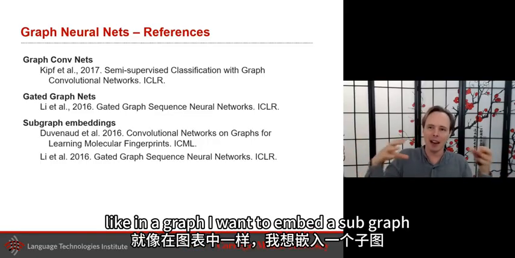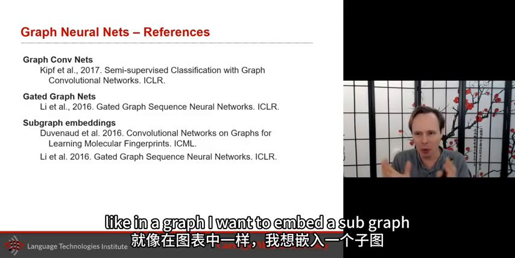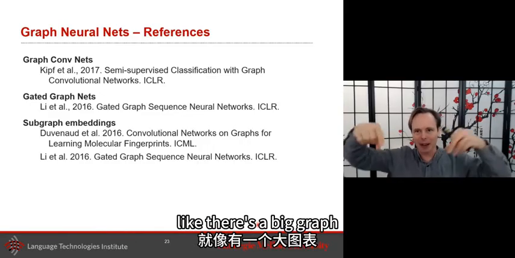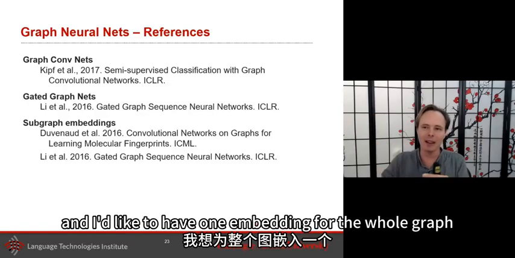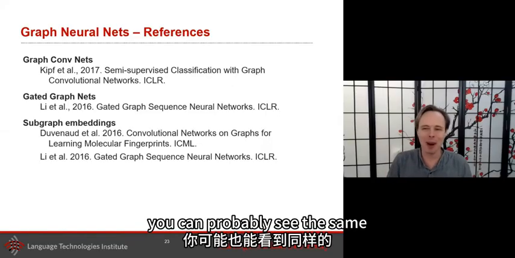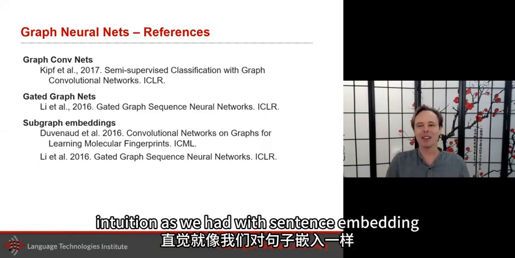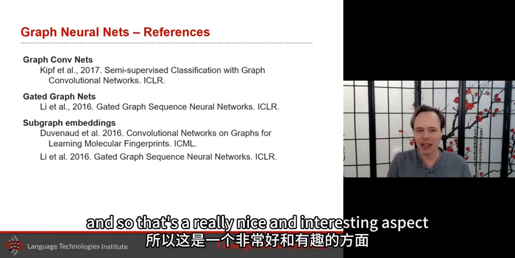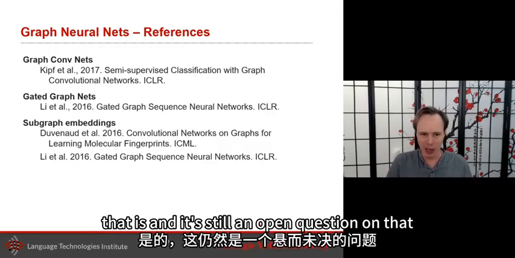Like in a graph, I want to embed a subgraph. There's a big graph and there's a sub part of the graph, and I'd like to have one embedding for the whole subgraph. You can probably see the same intuition as we had with sentence embedding. That's a really nice and interesting aspect, and it's still an open question.